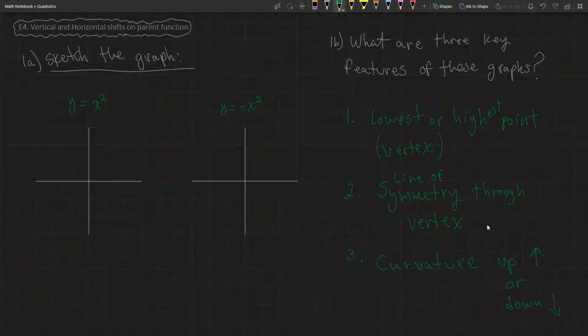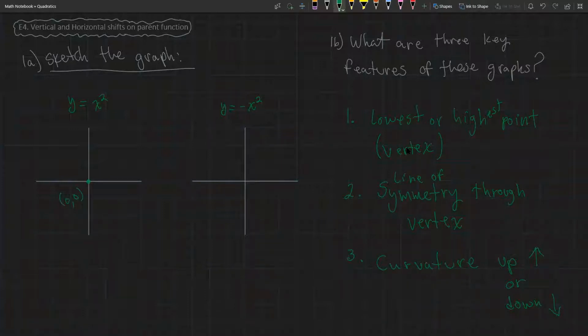Remember, these are the 3 things we summarized in the previous video, and we will use that information to quickly sketch stuff like this. Y equals something squared, we know it has a lowest point. And what's the lowest y value something squared can be? We've done it many times. It is 0. What x value did we square to get that 0? Don't forget, it was x equals 0.